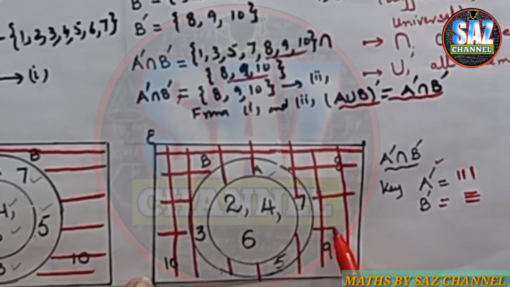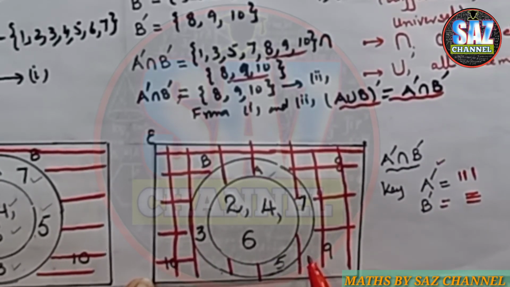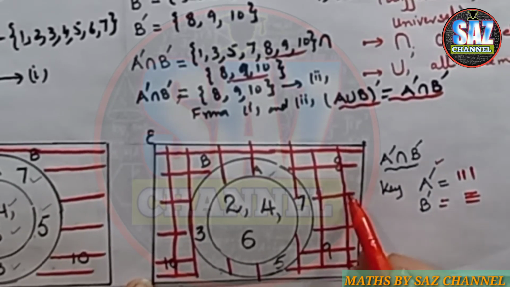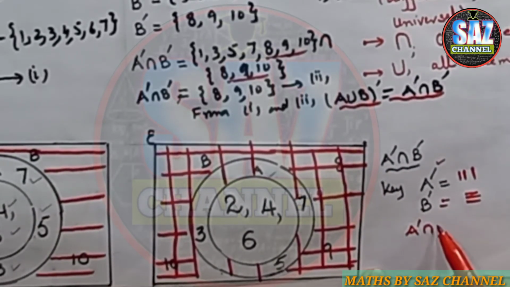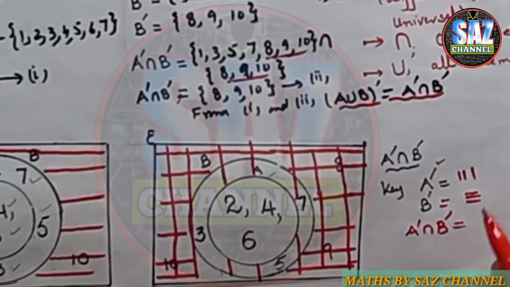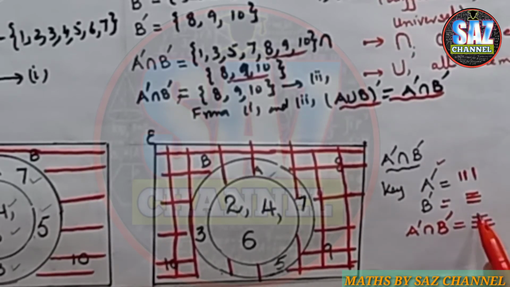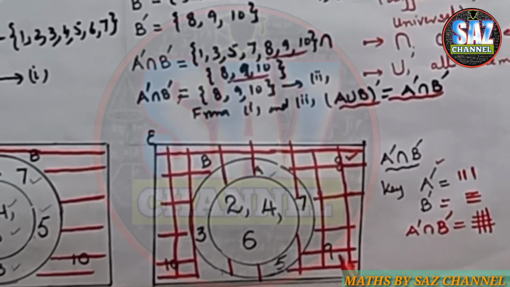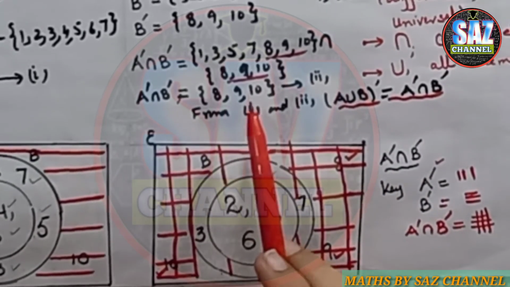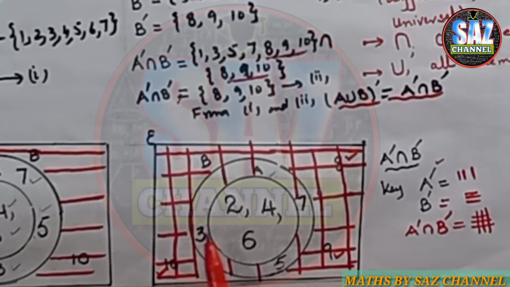Now we have to see which portion of the diagram is receiving the intersectional or double shading. Looking at the diagram for A complement intersection B complement, the region of the rectangle which does not contain the circles, or outside these circles, is the region receiving the double shading, and that contains the elements 8, 9 and 10, which is the answer of A complement intersection B complement.